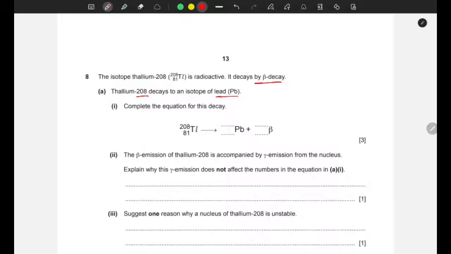So first of all, for a beta decay, an electron is released. This beta particle has no mass, so the mass number is 0, and since it's an electron, the charge number is -1. Now we can complete the equation. The sum of what's on the right should be equal to the sum of what's on the left.